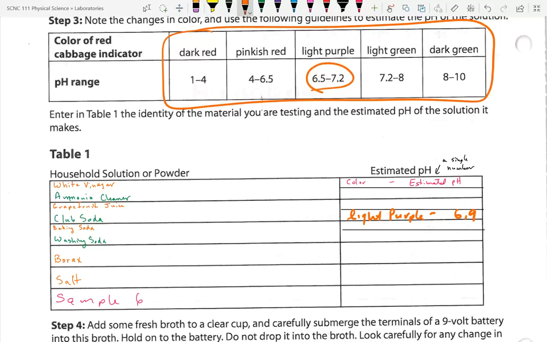And so you're going to go through and test each one of these substances, report the color you see, and estimate the pH. So I do believe that I will dilute this incredibly, and we're ready to get going. Do you have questions? Yeah. So you want us to do all of them even though there's not the space for it?